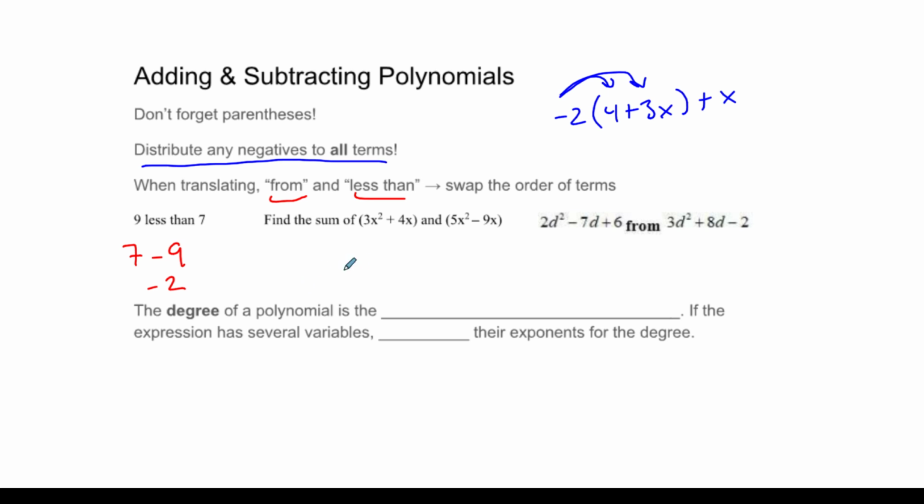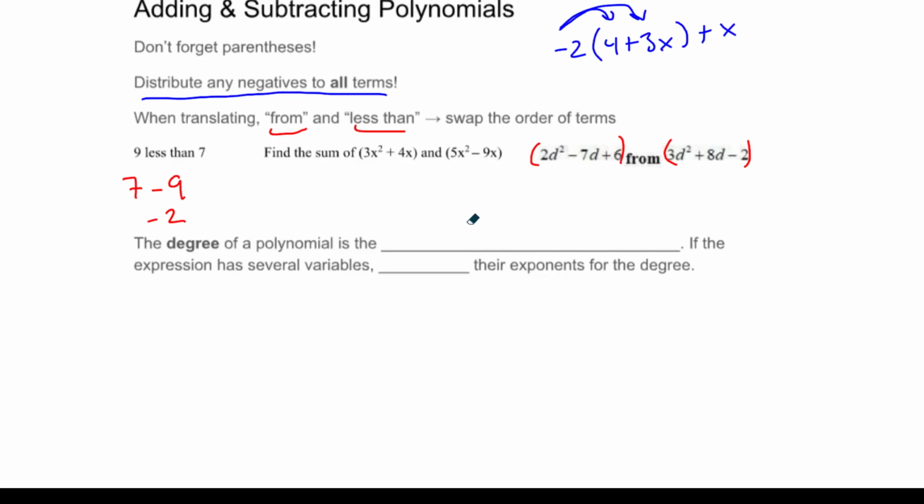Okay. Same as this 2d squared. Now I'm going to put parentheses around this. Okay, so take 2d squared minus 7d plus 6 from this. So I have 3d squared. And you know what? We're going to need to do this down below.